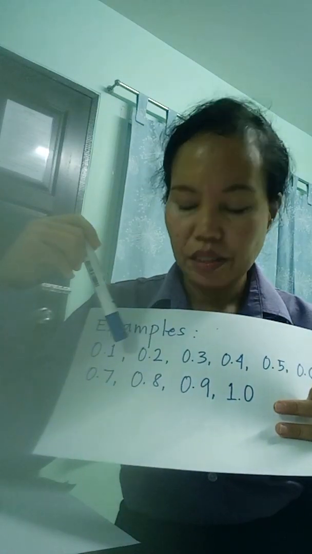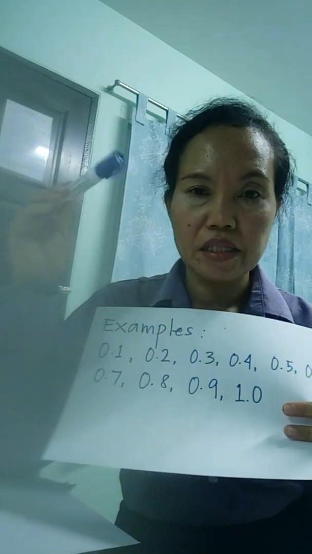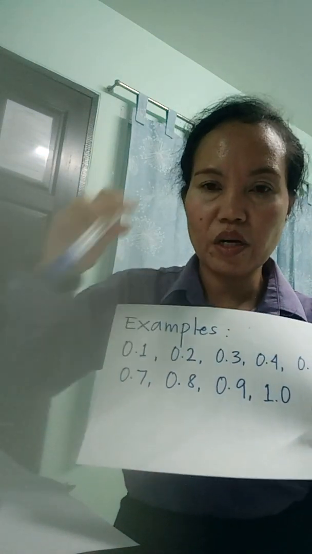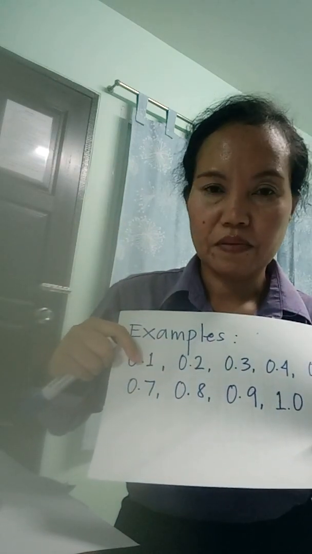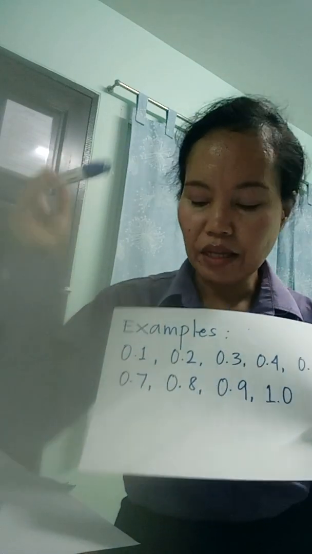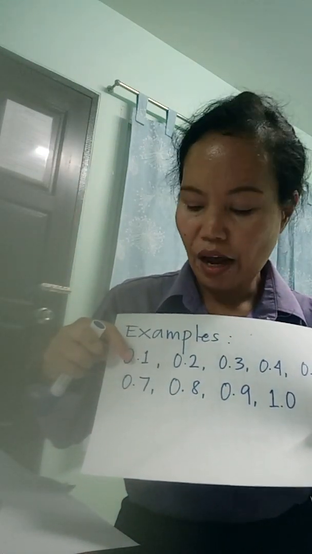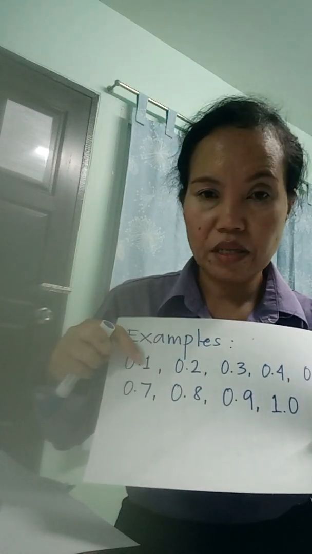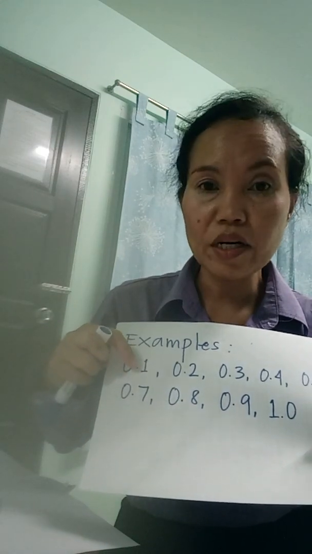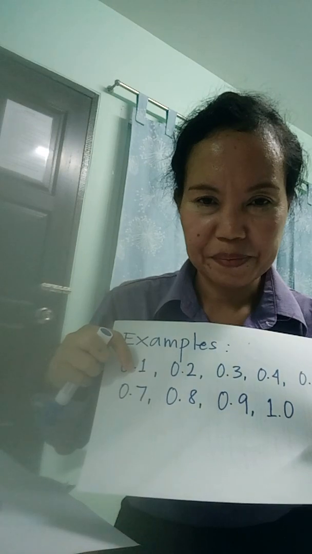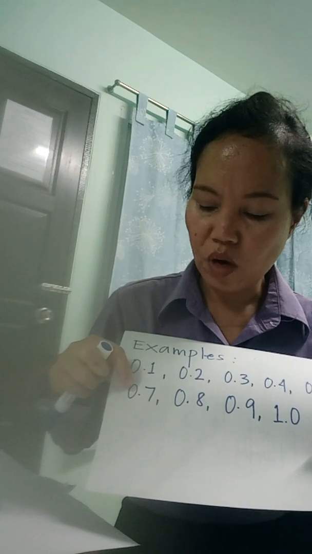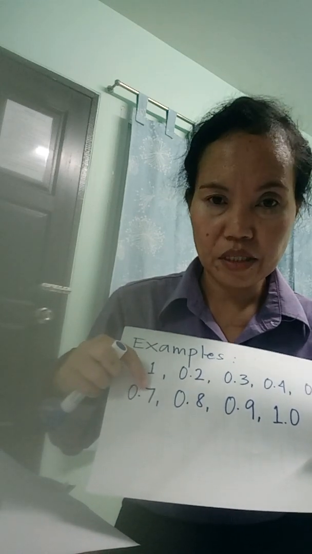is a number separated by a decimal point. This one is a decimal point, or a dot. Also remember that a number after the decimal point is smaller than 1. For example, this one, 0.7.